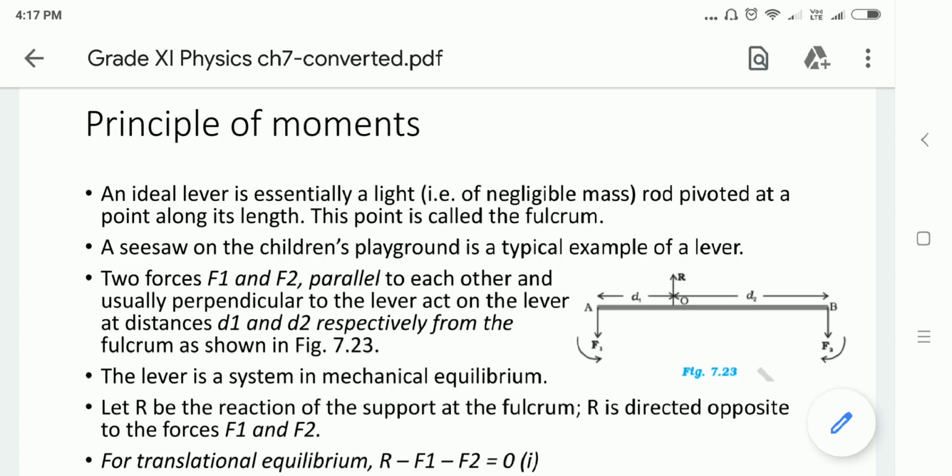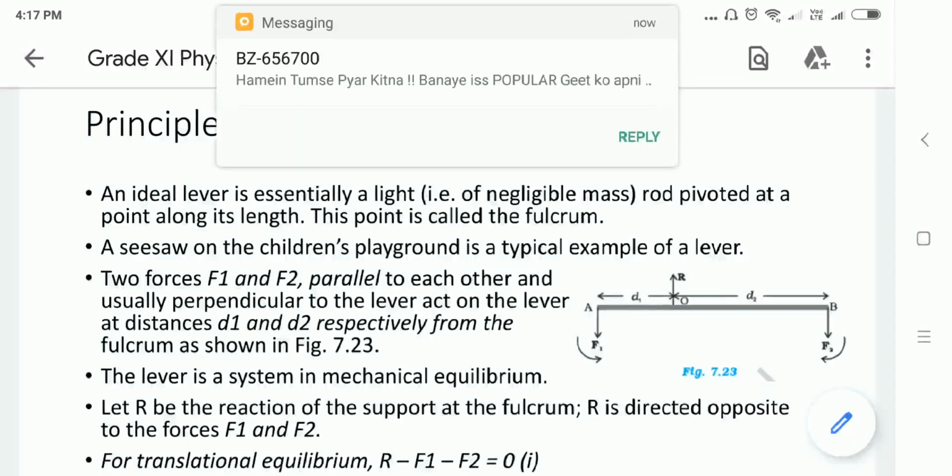Here let R be the reaction of the support at the fulcrum. R is directed opposite to F1 and F2. So for translational equilibrium, R minus F1 minus F2 equals 0. For rotational equilibrium, let us take moments about the fulcrum.